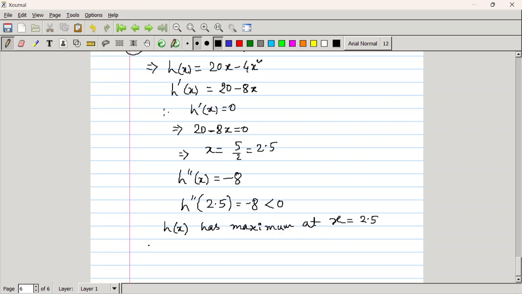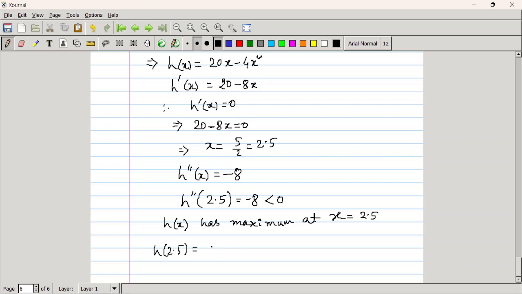What is the maximum value? h(x) equal to 20x minus 4x squared, so 20 into 5 by 2 minus 4 into (5 by 2) whole squared. That is 50 minus 25, equal to 25. So for option A, h attains its maximum value 25 at x equal to 2.5.